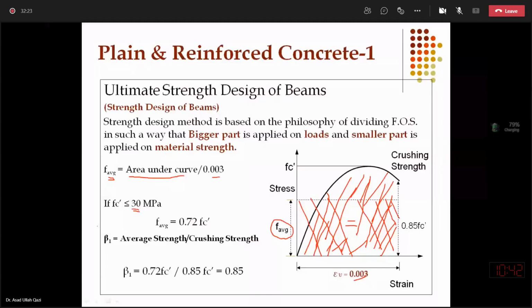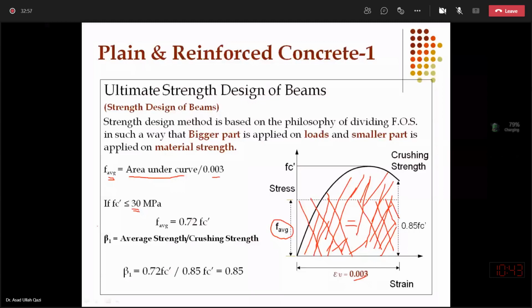So the concrete should have a compressive strength of at least 20 for good life and to get good durable concrete. 20 is normally used strength in low cost projects. However, ACI allows to go down to 17.5 megapascal, not less than that.